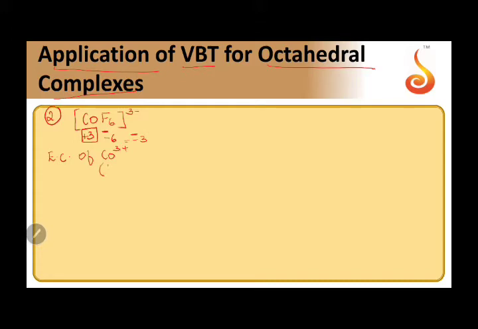Cobalt has an atomic number of 27. If 3 electrons are lost, then the number of electrons present is 24. If we start with argon, it accounts for 18 electrons. Next comes 3d and 4s.